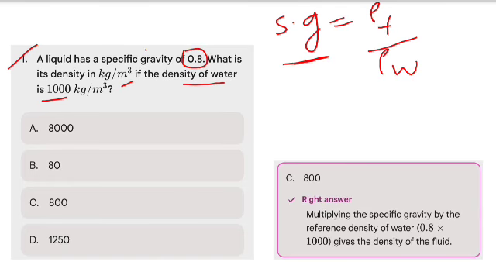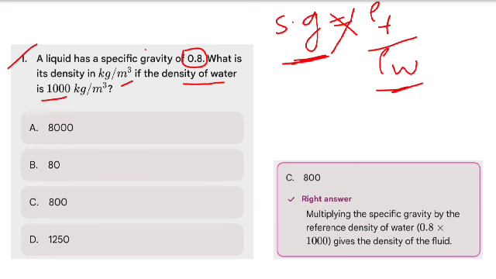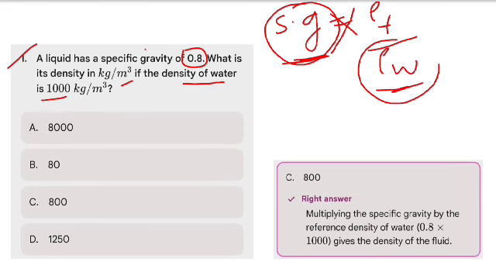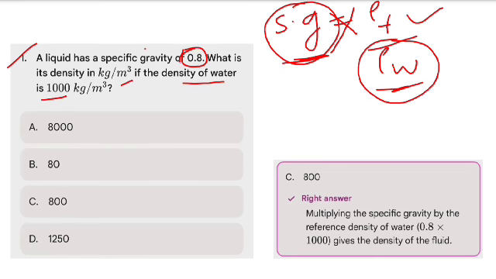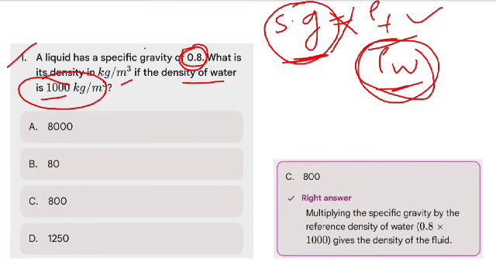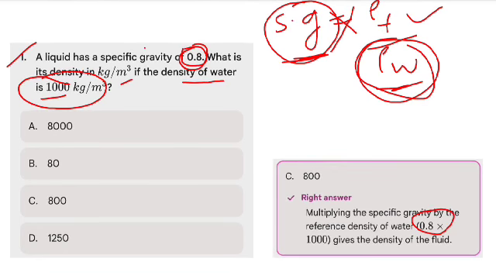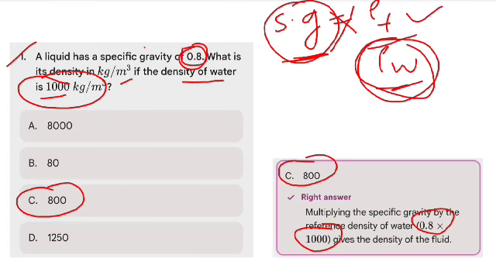If we cross multiply, specific gravity into density of water is equals to the density of the fluid. Given 0.8 is specific gravity, 1000 kg per meter cube is density of water. If we multiply these two, we get 0.8 into 1000, that is equals to 800. Hence C is the correct answer.